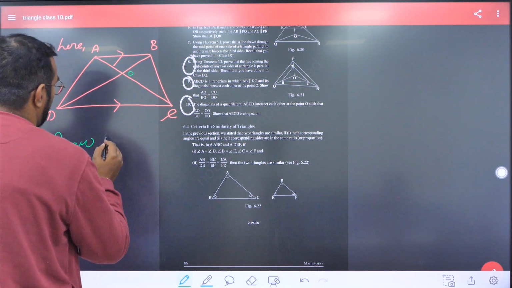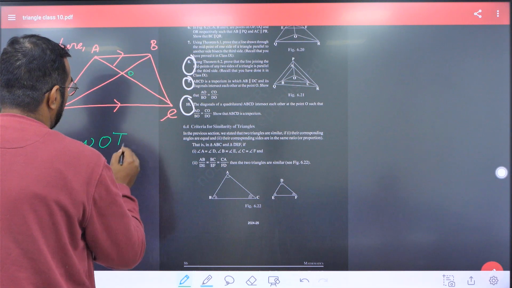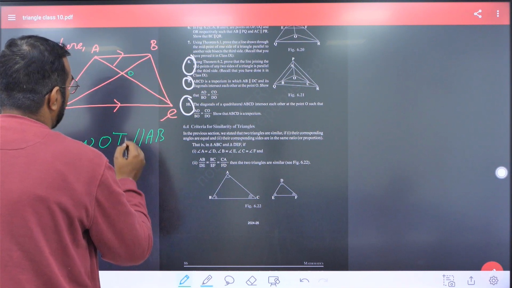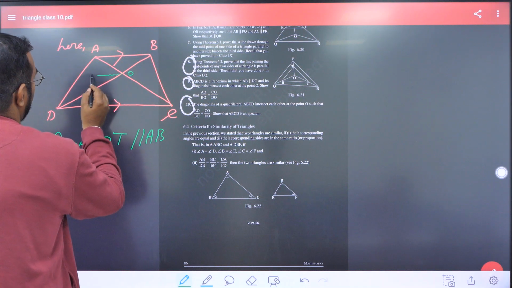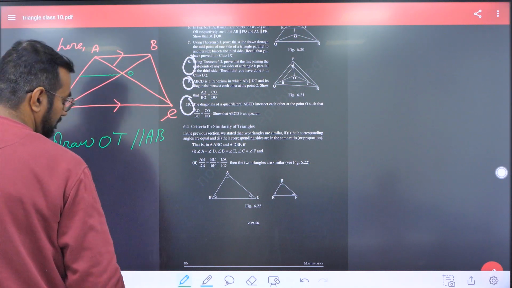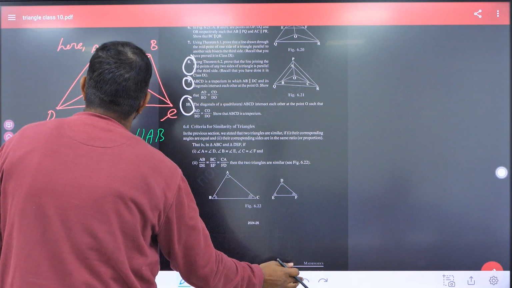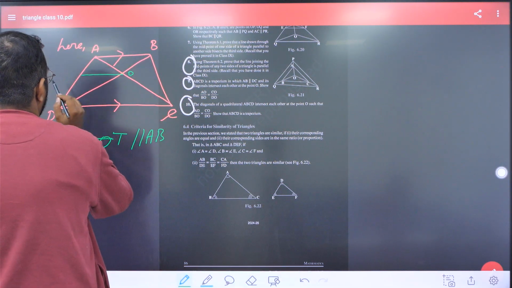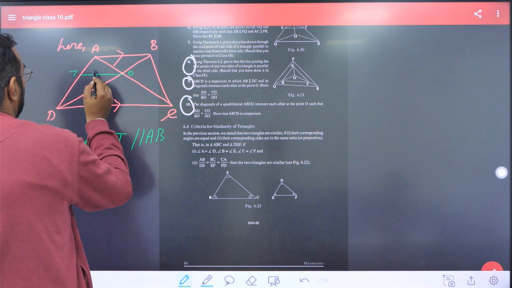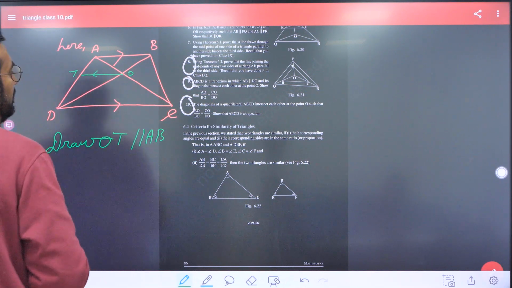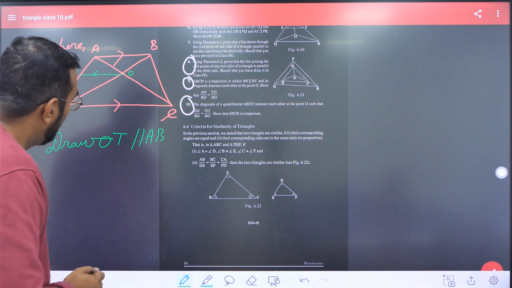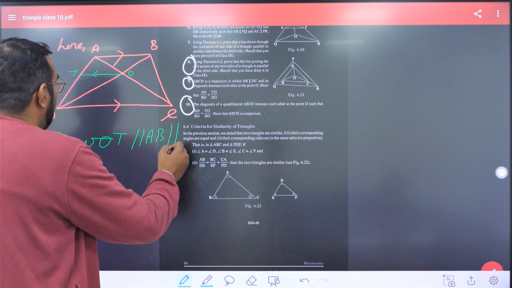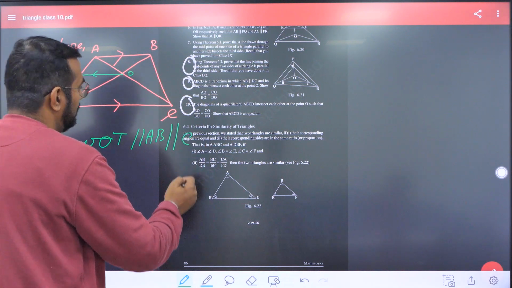Draw OT parallel to AB. Look at this. This OT is parallel to AB, and if this is parallel to AB, this will automatically be parallel to CD.